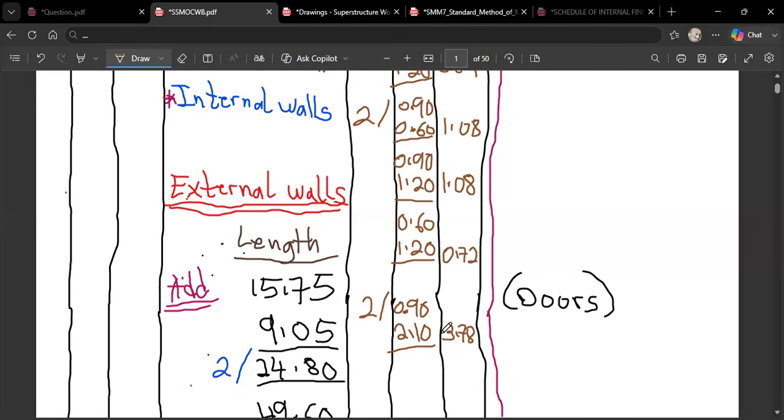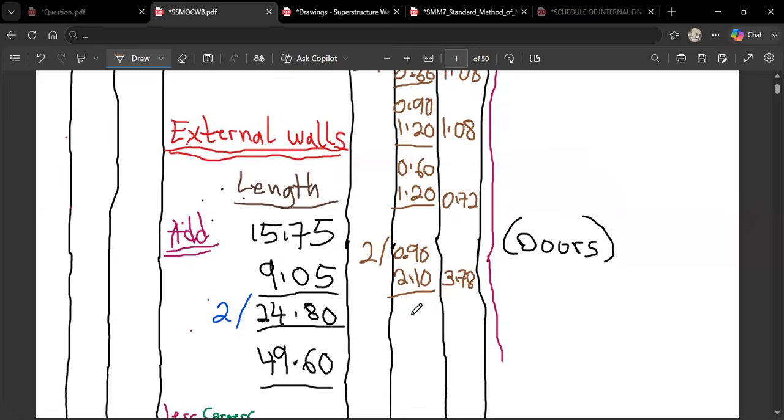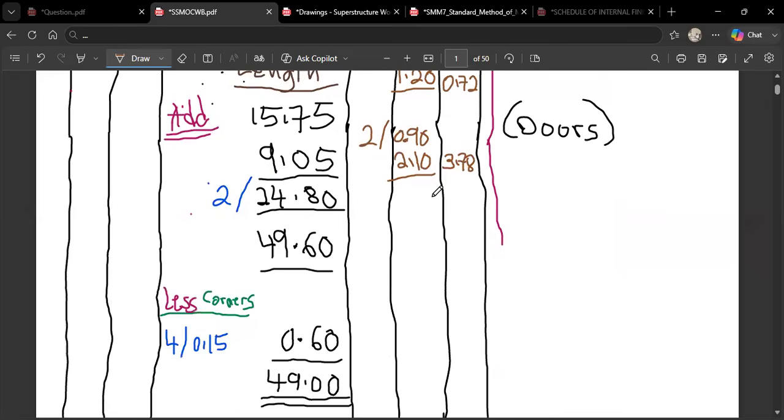So that is what we are going to use to calculate the final opening of the door and wrap up. So that is going to give us 1.50 times what? 2.10.